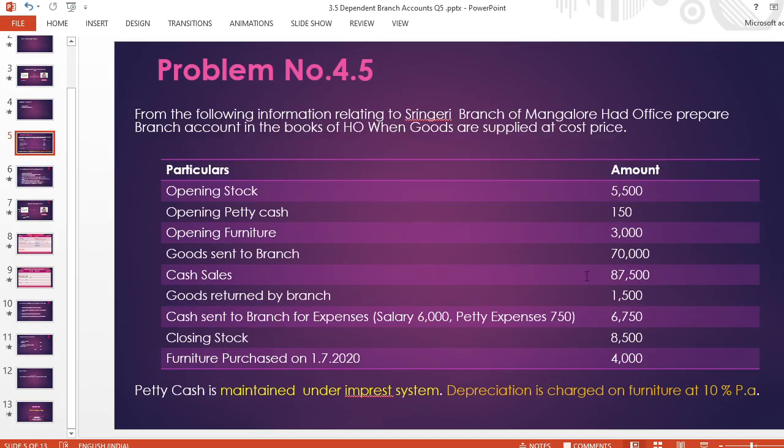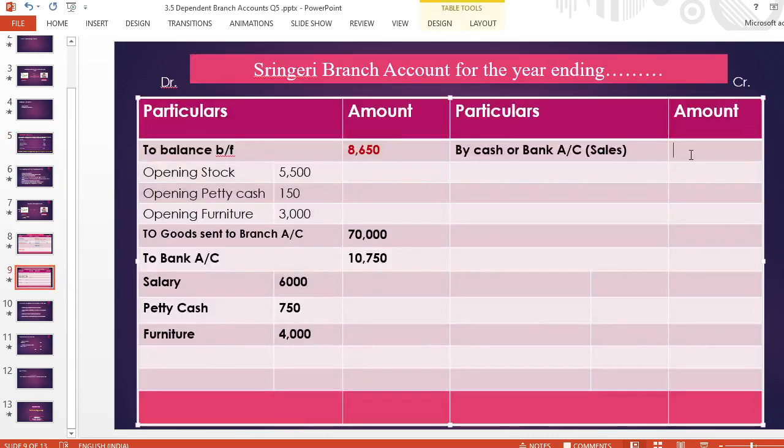Cash sales they have recorded 87,500. So I'll write here 87,500, cash sent by branch to head office. Debit the receiver, credit the giver. The branch will give the amount, so we credited the branch account. And the next entry is by goods sent to branch account.